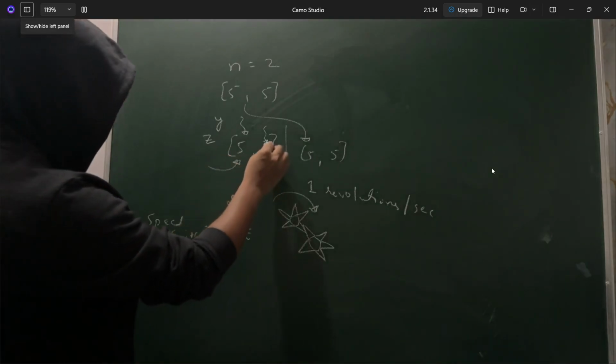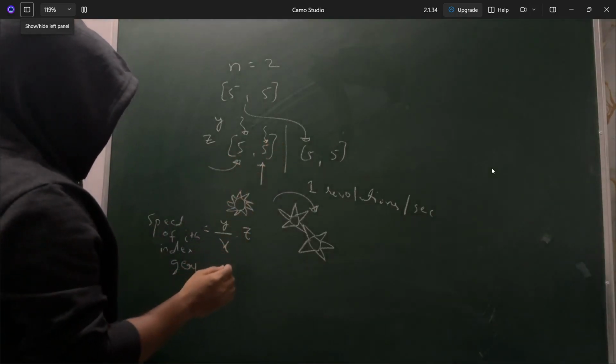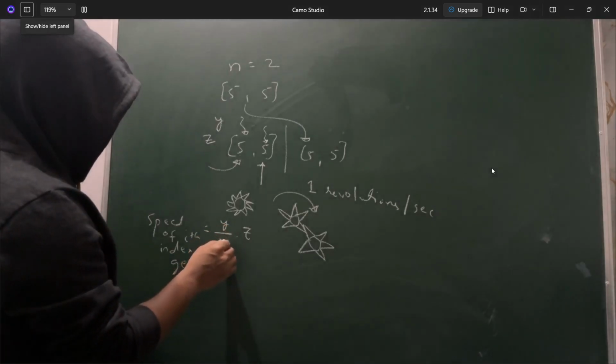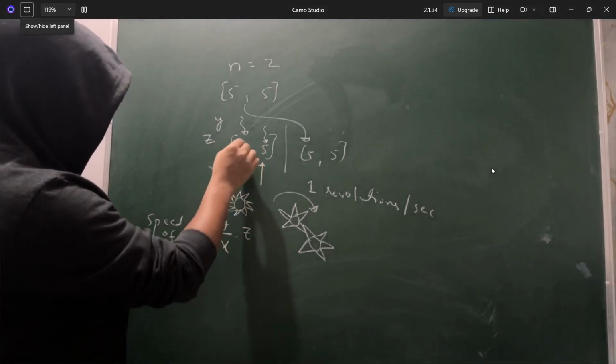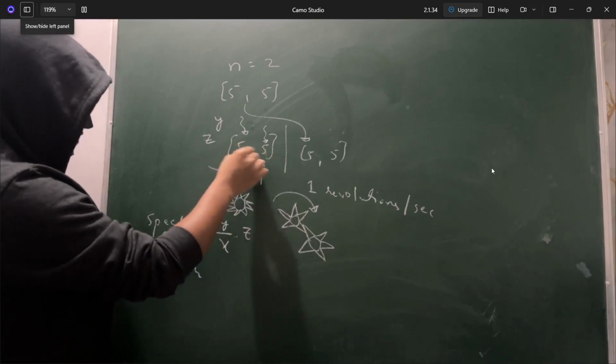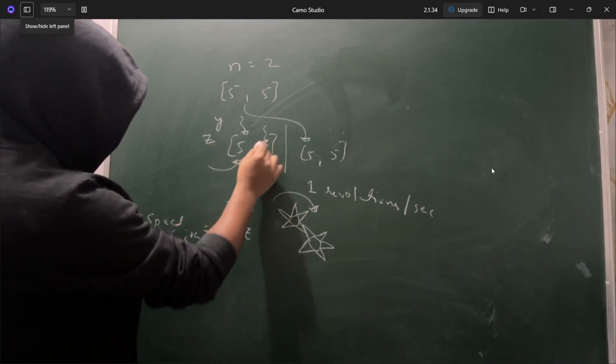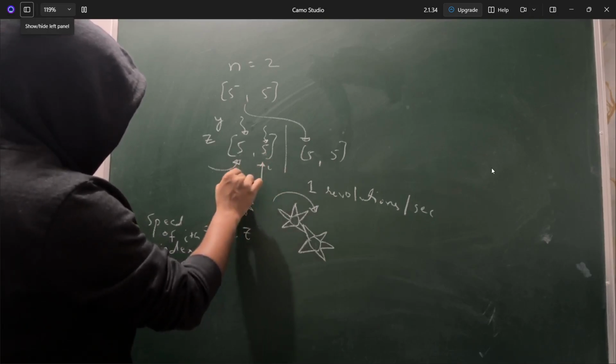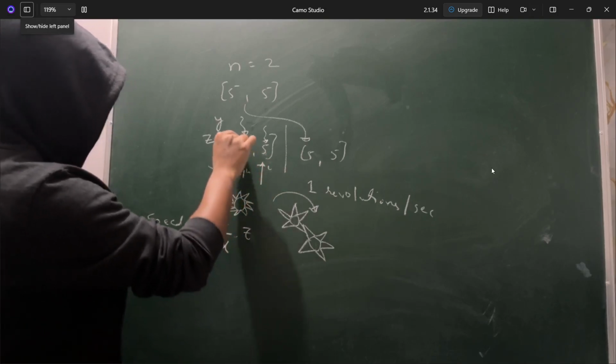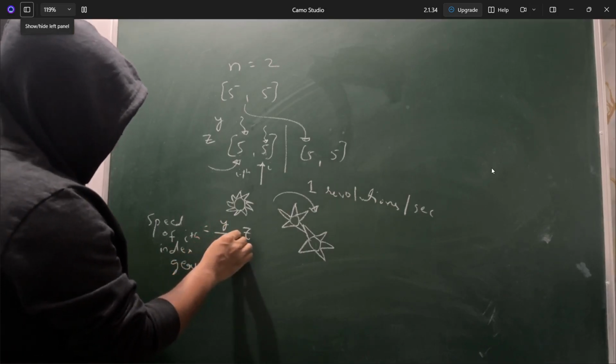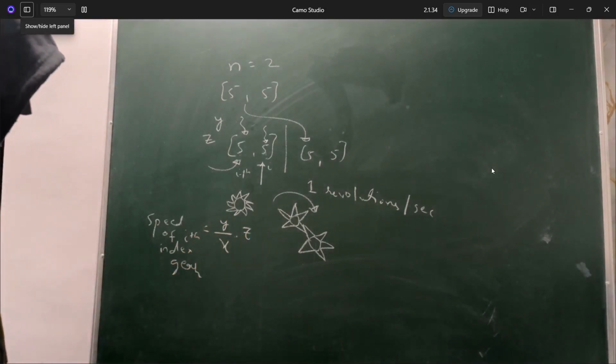As I said, x is basically the number of teeth it has, and y is basically the number of teeth of the previous element, the one to its left. If this is the (i-1)th element, it has y number of teeth and it is rotating at z revolutions per second.